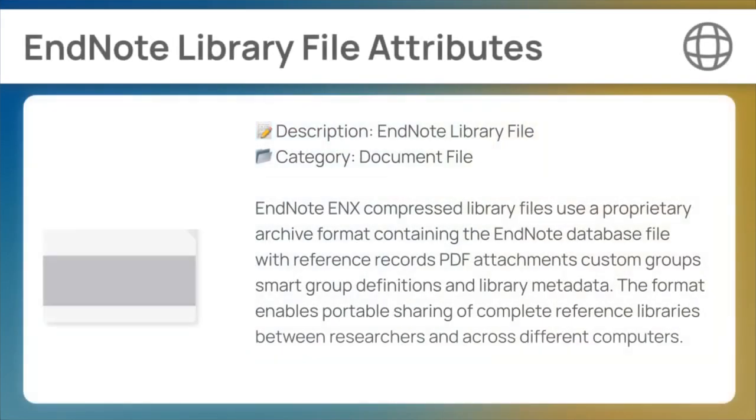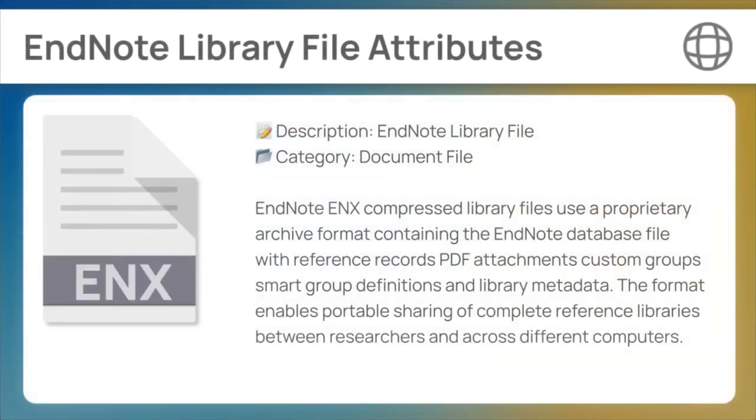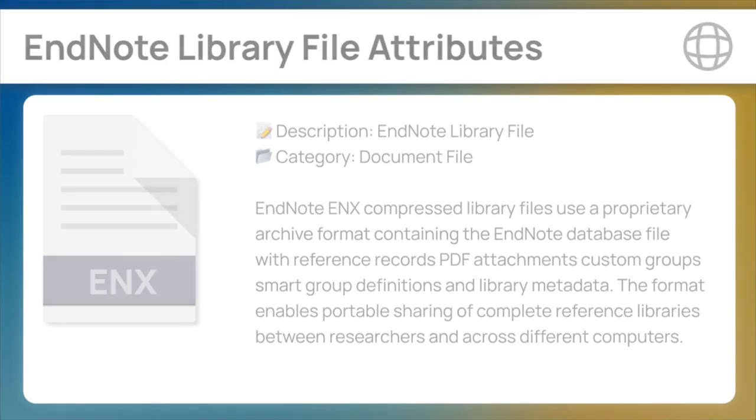EndNote ENX compressed library files use a proprietary archive format containing the EndNote database file with reference records, PDF attachments, custom groups, smart group definitions, and library metadata. The format enables portable sharing of complete reference libraries between researchers and across different computers.